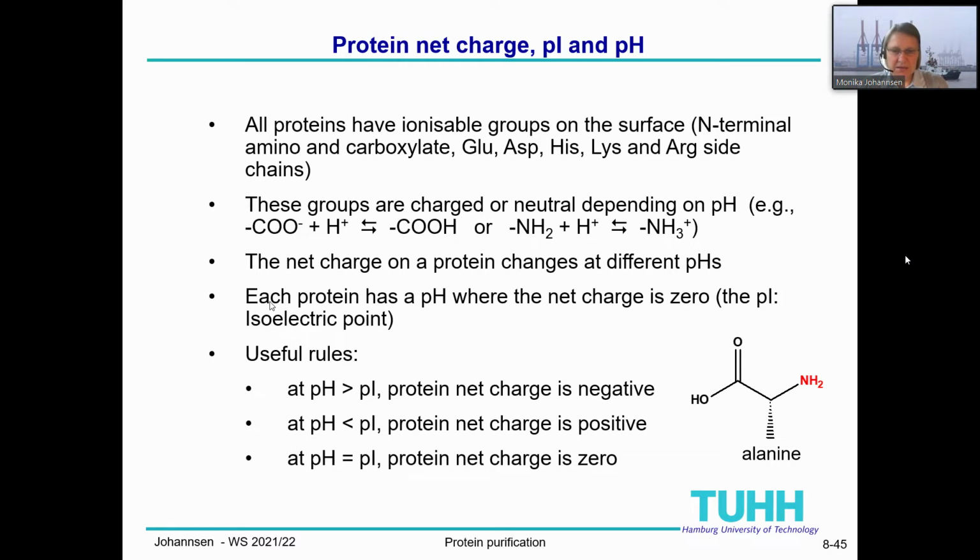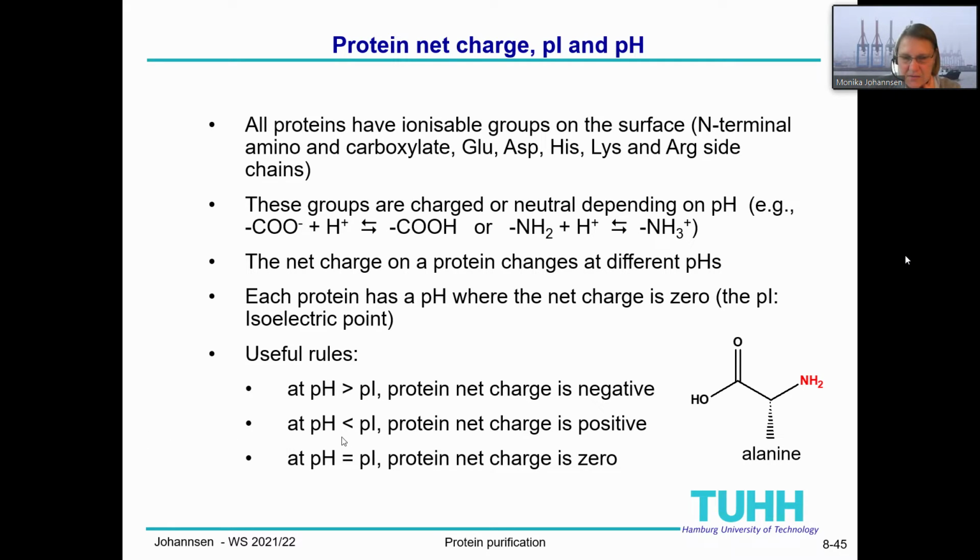There is a certain pH where the net charge of a protein is 0, and this is called the pI, the isoelectric point. To think about the application in ion exchange chromatography: at a pH which is higher than the pI, the protein net charge is negative, so we would use an anion exchanger.